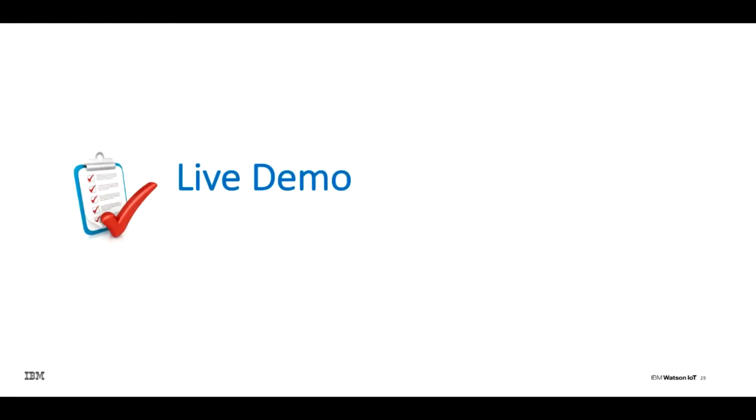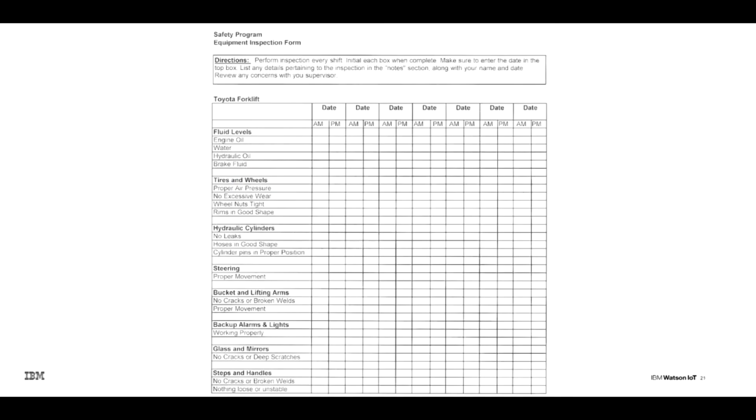So let's do a live demo of what we've built so far for inspection. For this demonstration, I'm going to use this form as an example. Just some general information: this form came from a customer. What we'll be creating as part of the demo data is this section here.